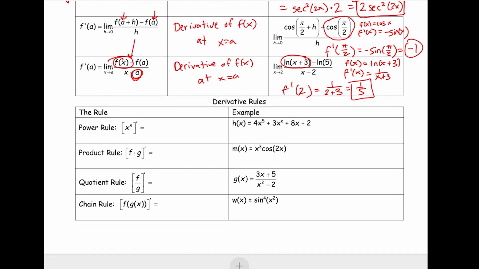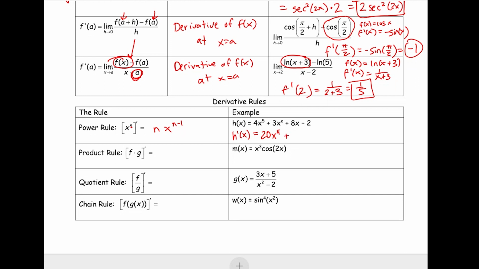Our derivative rules here, the first one that we learned was the power rule, where we bring down the exponent and then subtract 1 from the original exponent. So we have n times x to the n minus 1. If I want to find the derivative of h here, 5 times 4 is 20, so 20x to the 4th.